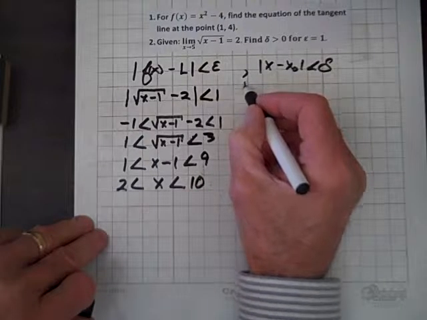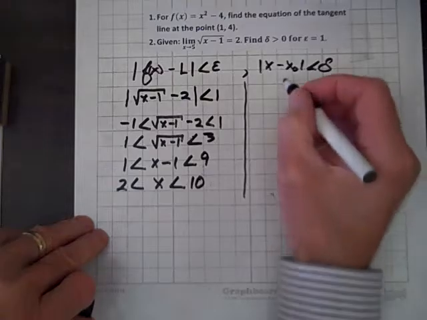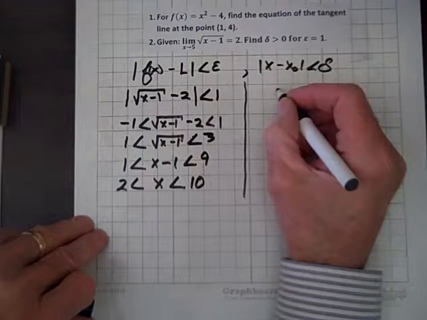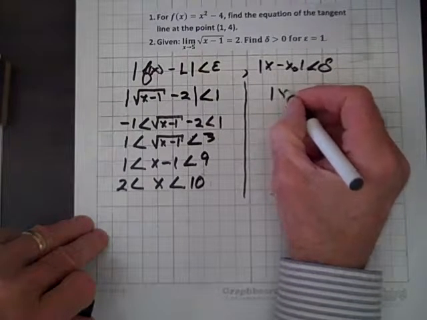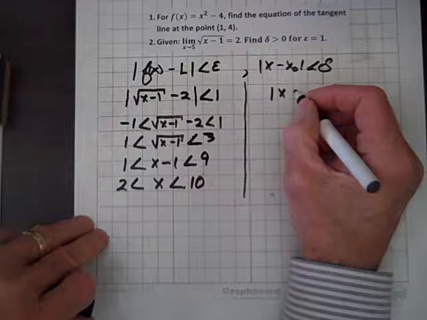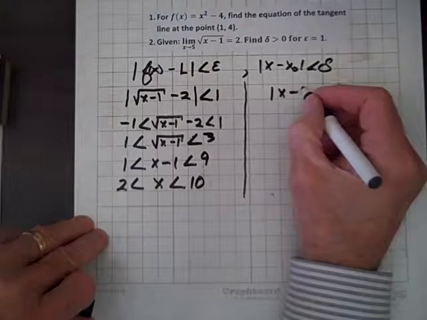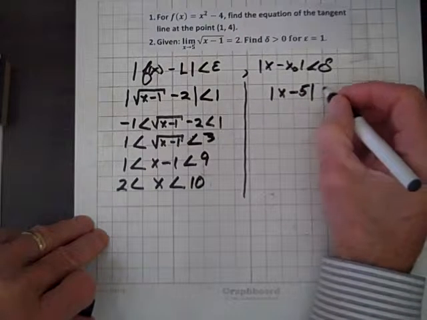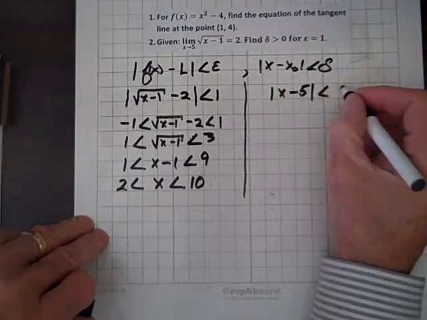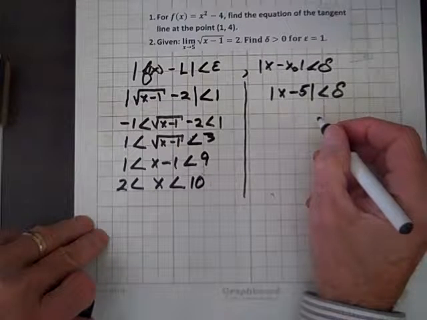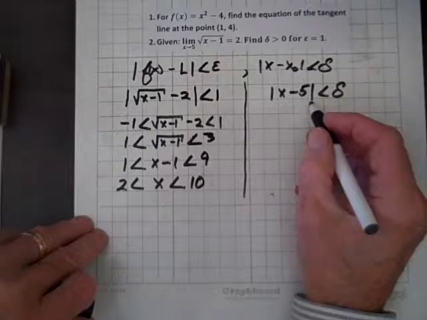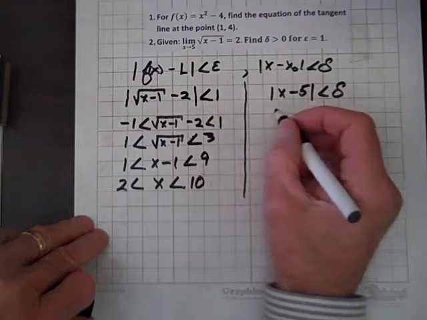Good, that part's done. Now we'll go through the same process here. So we have the absolute value of x minus x sub 0, and x sub 0 in this case is 5, and that is less than delta. So our first task is to dispense with the absolute value bars.